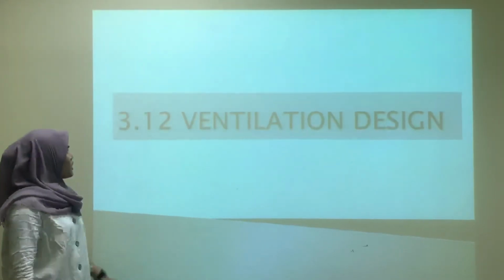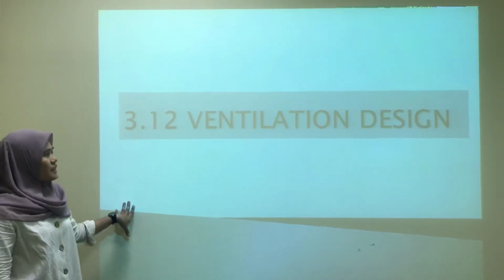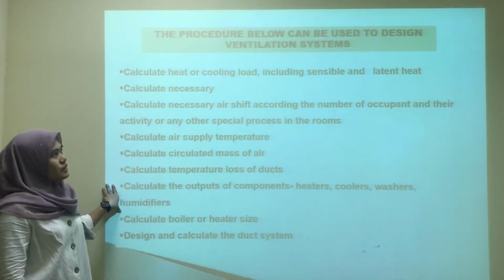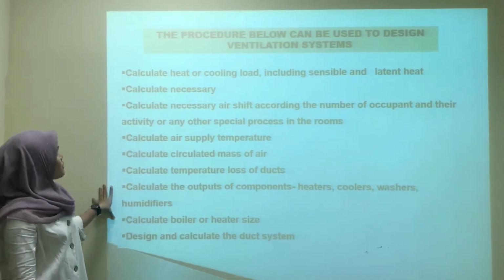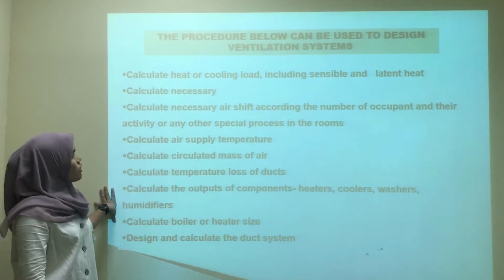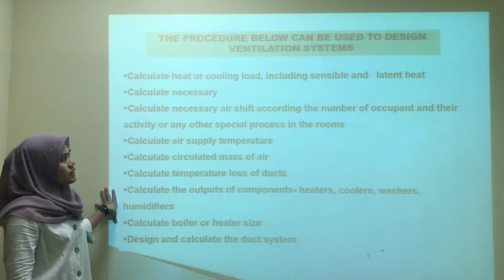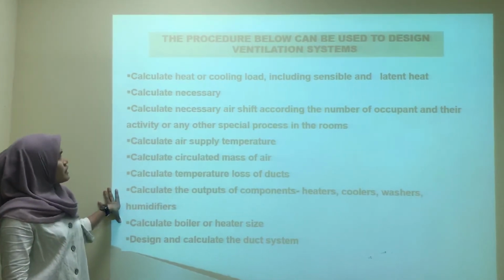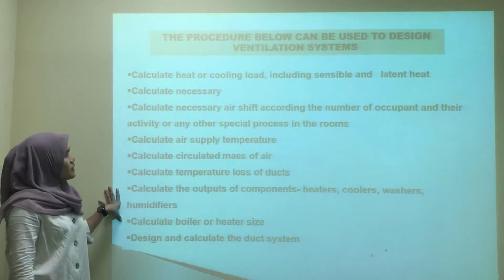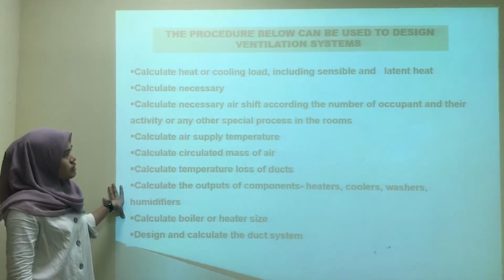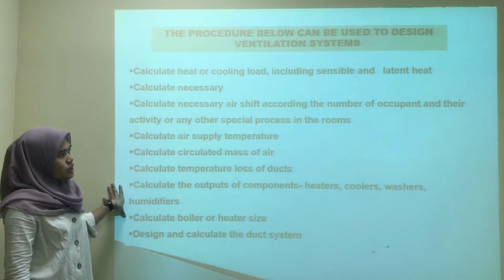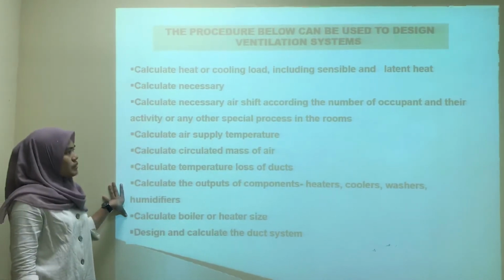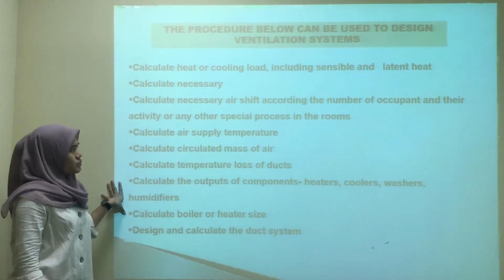Okay, for 3.12, ventilation design. The procedure below can be used to design a ventilation system. First, calculate heating or cooling load, including sensible and latent heat. Next, calculate the necessary air change according to the number of occupants and their activity or any other special process in the rooms.